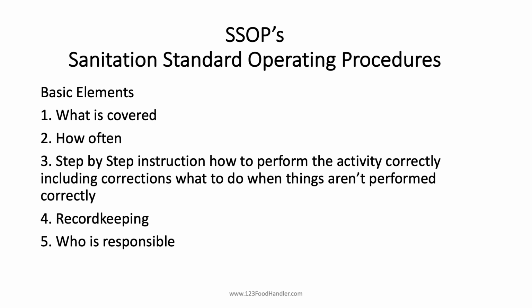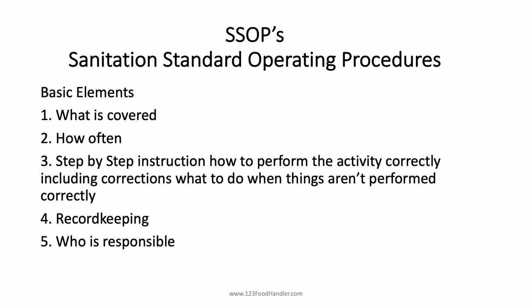I want to go over the basic elements of an SSOP. What I'd want to do is know what it covers. What does this SSOP cover? How often is it required that we do this activity or this procedure? The policy or procedure should include step-by-step instructions on how to perform the activity correctly, including corrections, what to do when things aren't performed correctly.